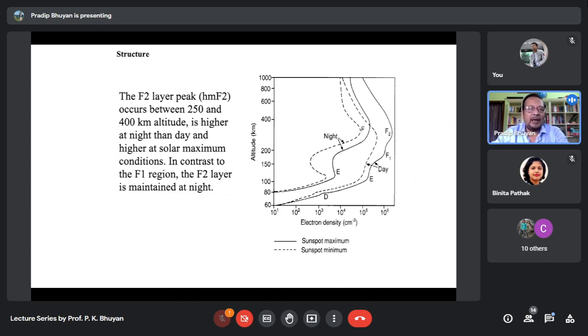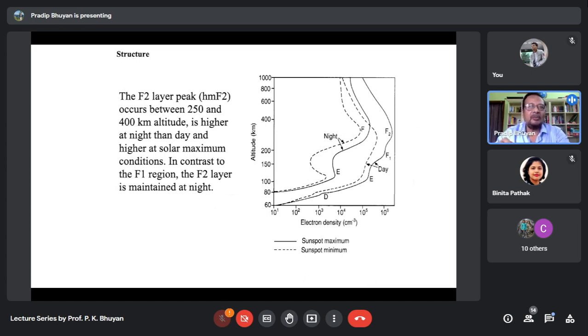The D region ions are different from E and F region ions or molecules. In the D region the process is also different, and you have mostly negative ions and metallic ions, negative ions in the D region, which vanish at night.